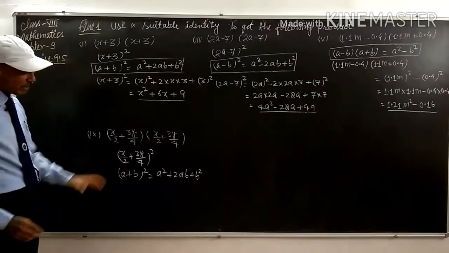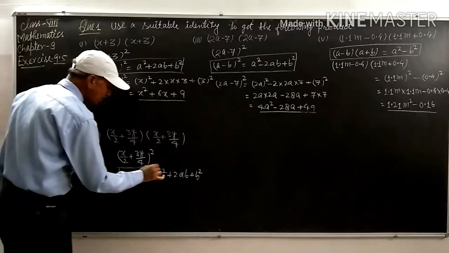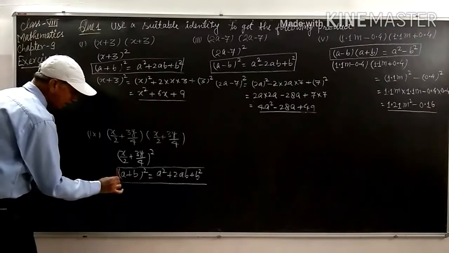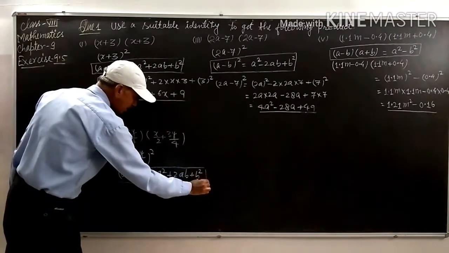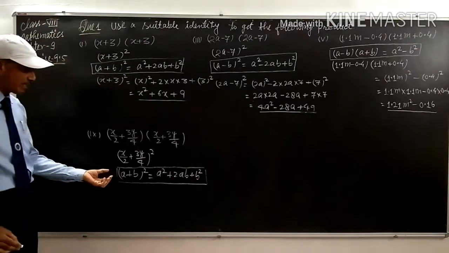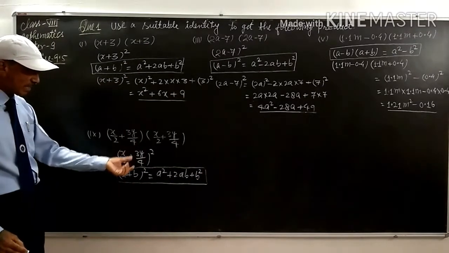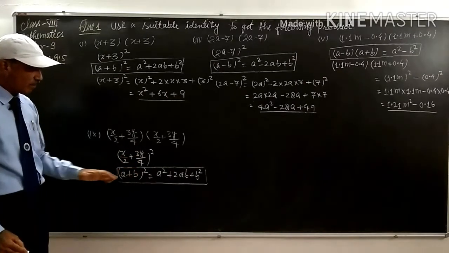Students, when we compare given expression with this identity, this one is the first identity, we find that in place of a there is x by 2 and in place of b there is 3y by 4.